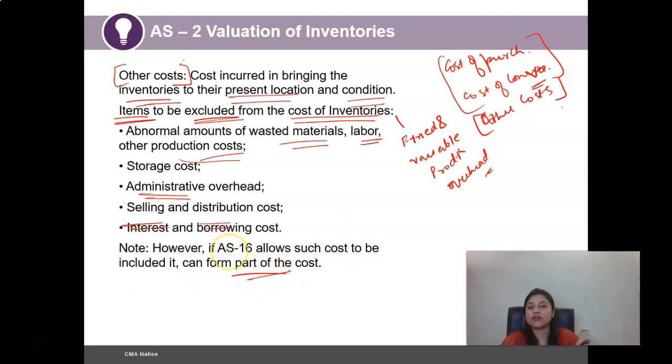AS 16 is on borrowing costs, so if AS 16 specifically mentions and allows such costs to be included, then they can form part of the cost. Otherwise, the borrowing cost or interest cost is also excluded from the cost of inventories.